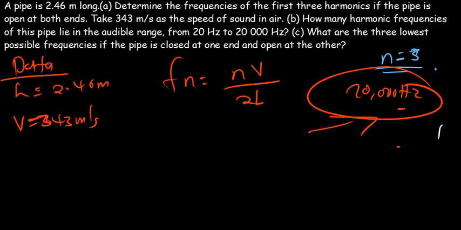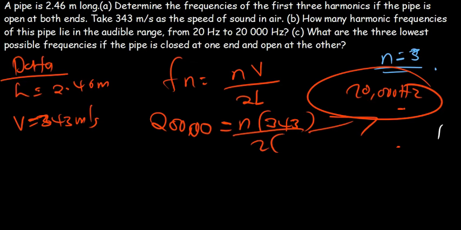So I'll say 20,000 is equal to n times the velocity 343, divided by 2 times the length 2.46. If we cross multiply, we have n times 343 equals 4.92 times 20,000, which is 98,400.